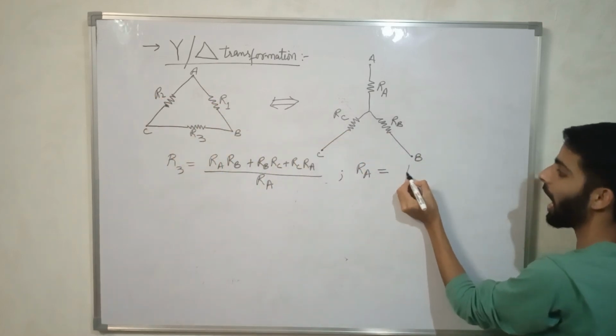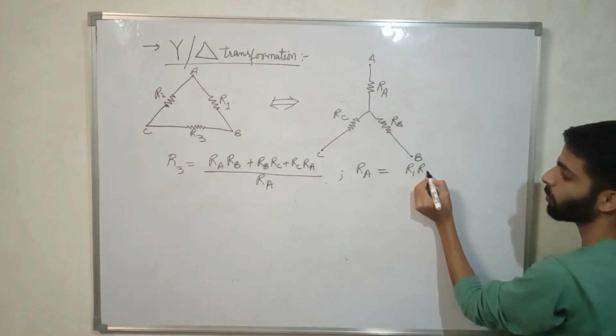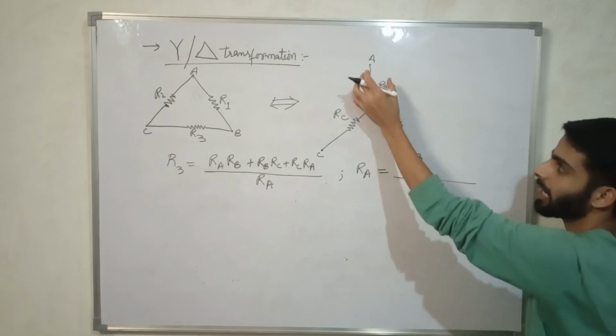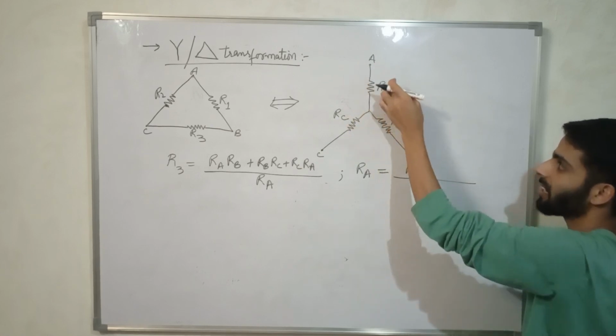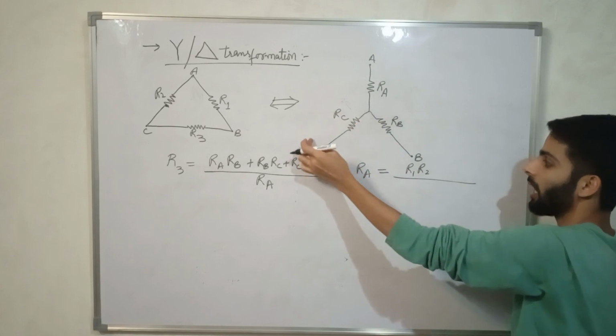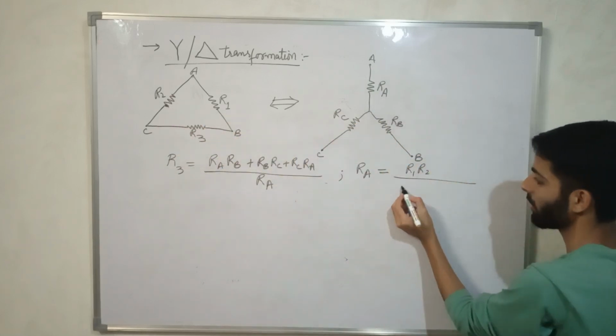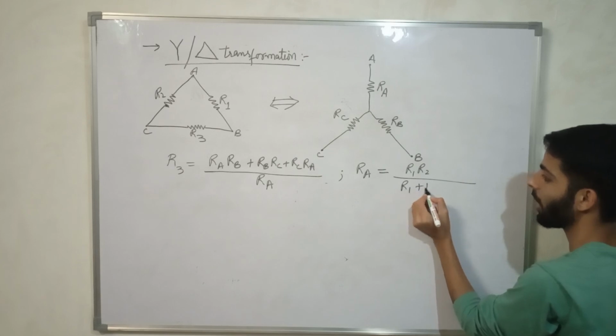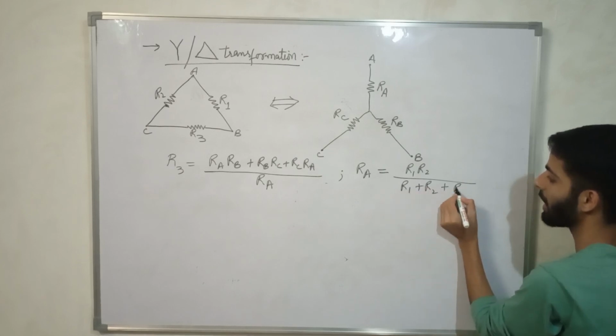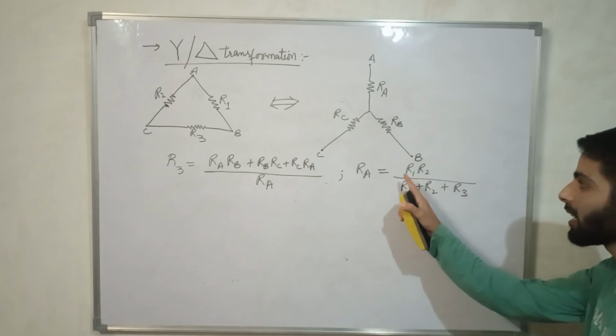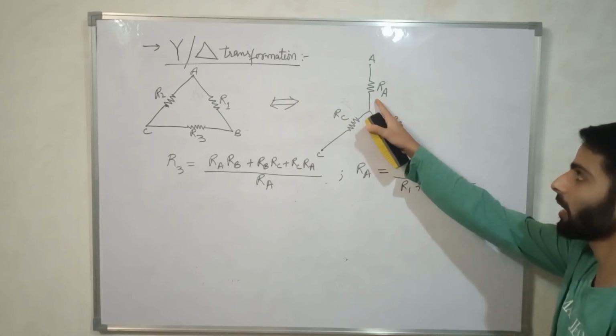We have to write R1 R2 divided by all those three resistances added: R1 plus R2 plus R3. That is side branches of delta.